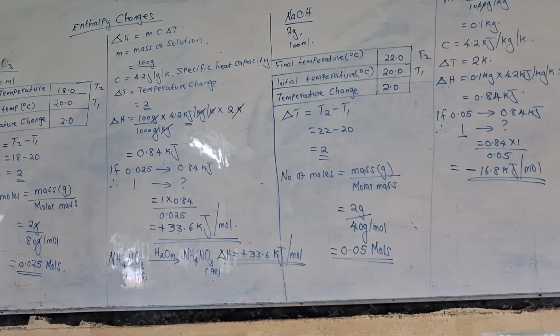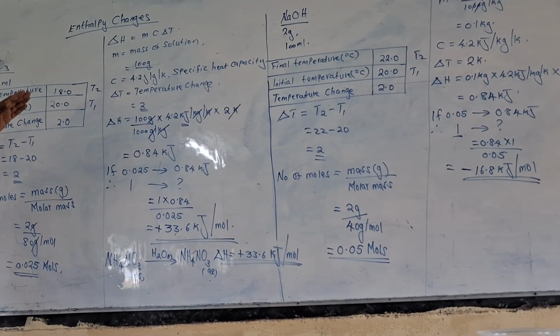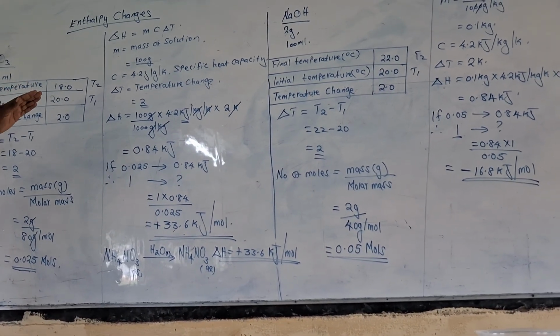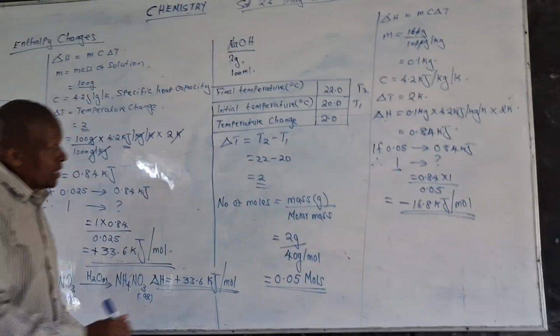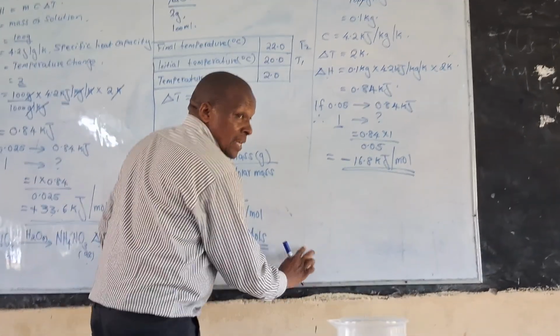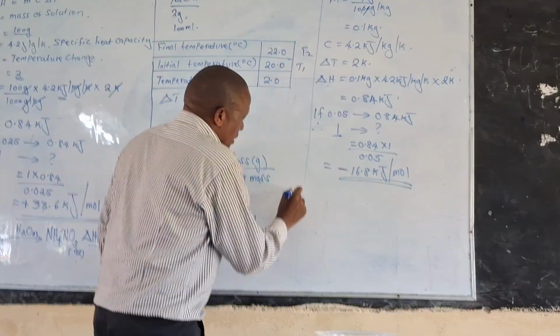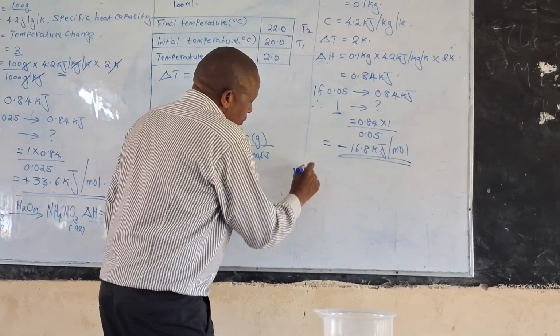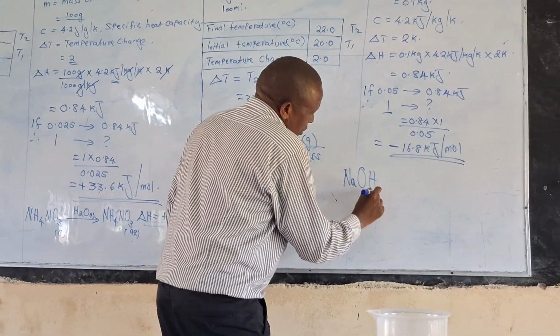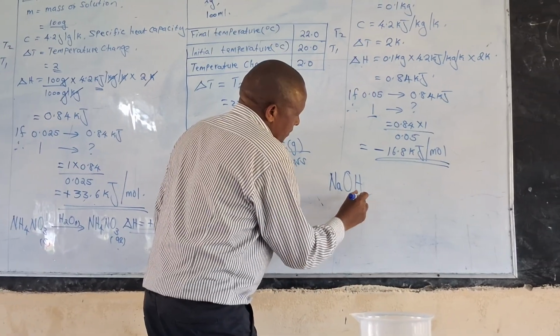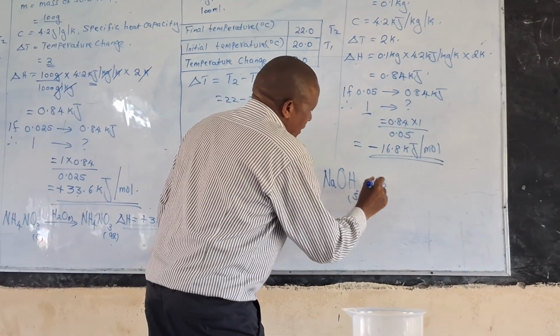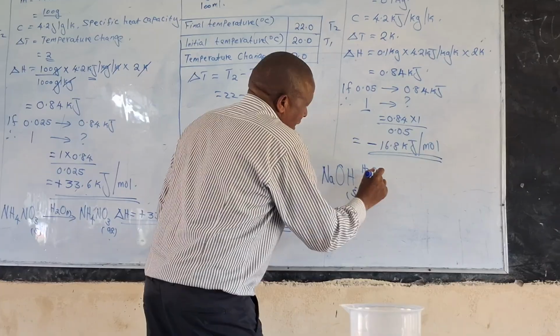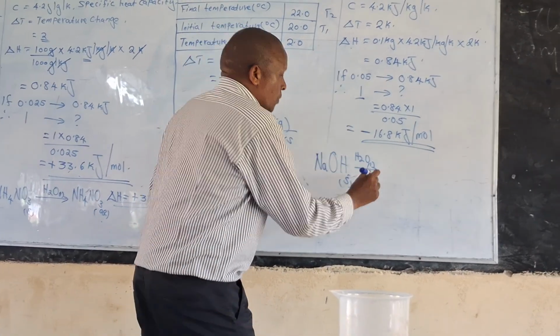Now the next one is the thermochemical equation for the solution of sodium hydroxide. How will you do that? You do the same. Sodium hydroxide, solid, we are adding water, liquid. What do you form?